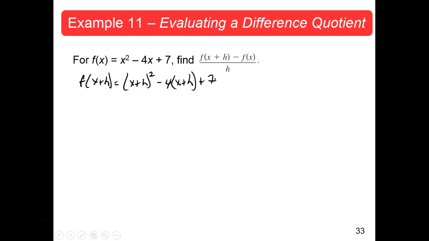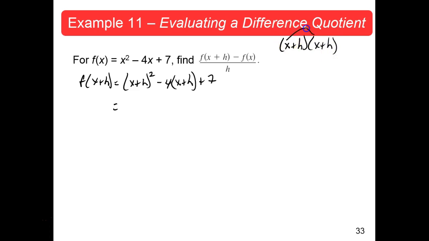All right, let's do the math. What is x plus h squared? Do you want to remember the shortcut, or do you need to go off to the side and do the longer way? Okay, you want to FOIL it? So what would you FOIL? x plus h times x plus h. That's what it means to square something: multiply it by itself.